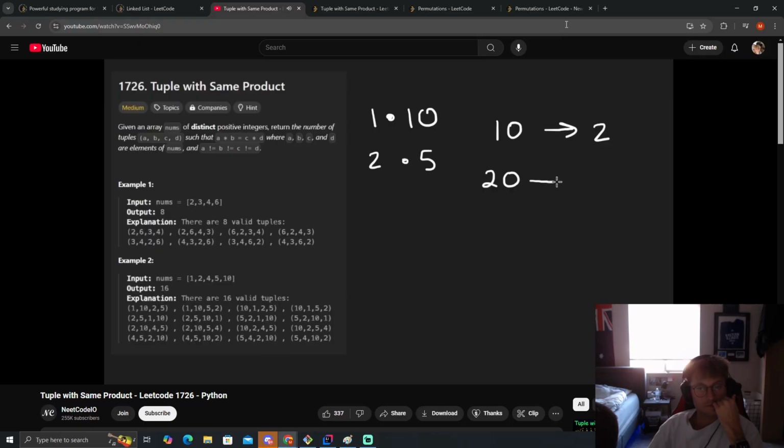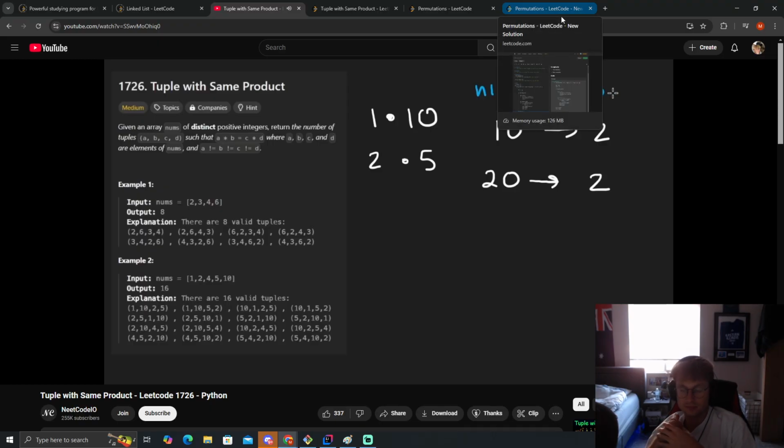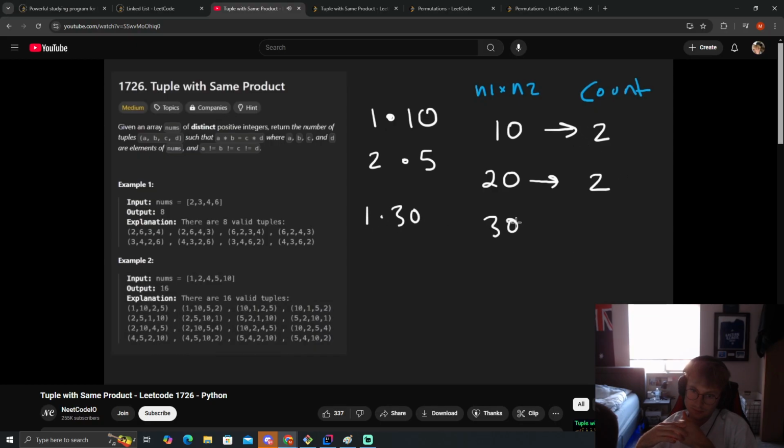We could form 20 in two different ways. So just to be clear, this is like n1 times n2, and this is the count of how many ways we can form that. If, for example, we had something like 1 times 30, and we could only form 30 in a single way, well, then we can't really satisfy the condition A, B, C, D, where this times this is equal to that.